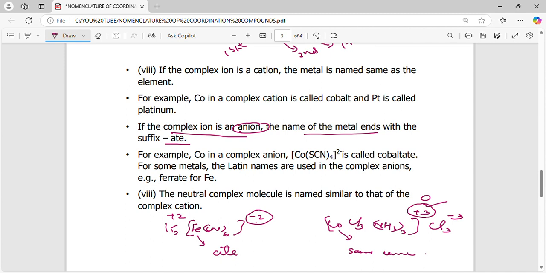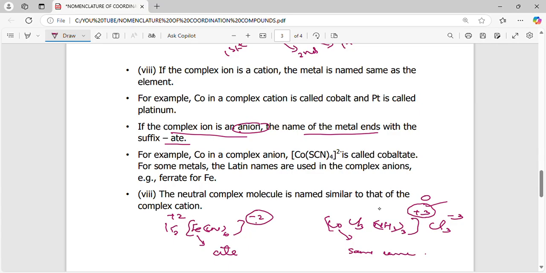So for the metal name or element name which is derived from a Latin name, always you have to use the Latin name then ATE. But the same iron, when it is coming in another compound in which the coordination sphere charge is positive, in such cases it is iron only. So wherever ATE is to be used, then only use Latin names.